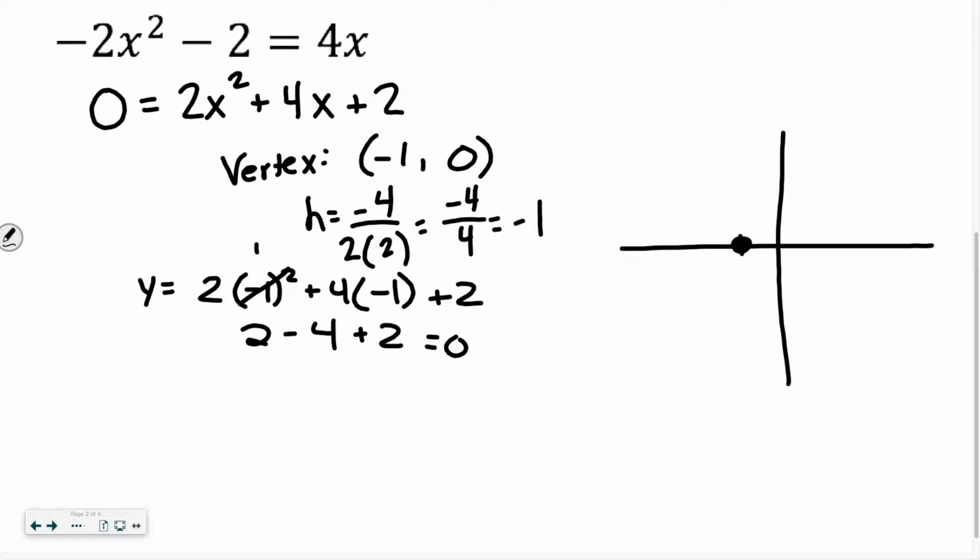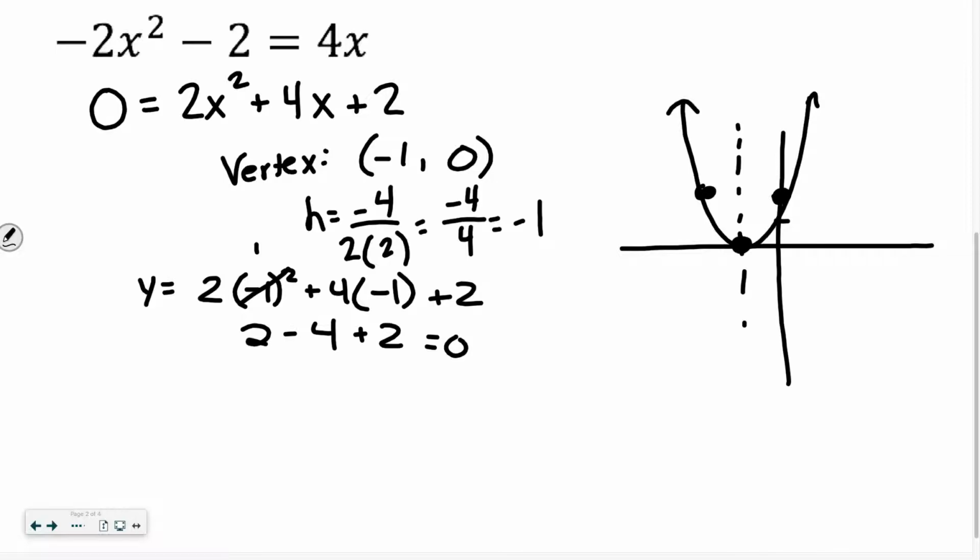So instead of going up 1 over 1, I would go up 2 over 1. Or I can use my y-intercept. Where should my y-intercept be? 2. That confirms both. Up 2 over 1, I've stretched it vertically, or I used my y-intercept. Reflect over my axis of symmetry. Okay, there's my graph.